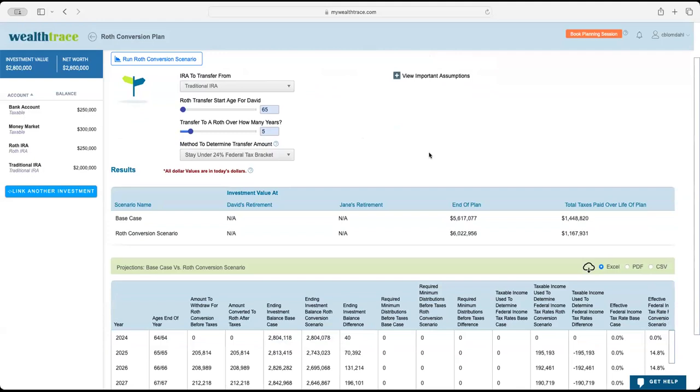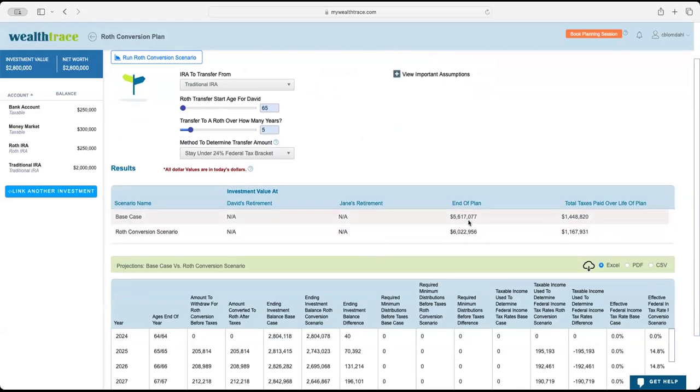On this screen, you can see the base case scenario and the Roth conversion scenario. We can immediately see that by doing a Roth conversion, they could increase their end of plan balance by over $400,000 and reduce their lifetime taxes paid by roughly $280,000.